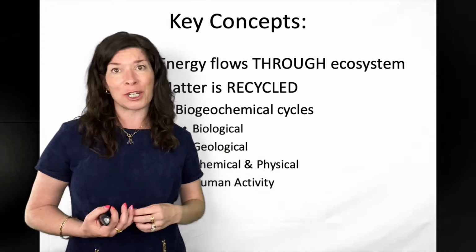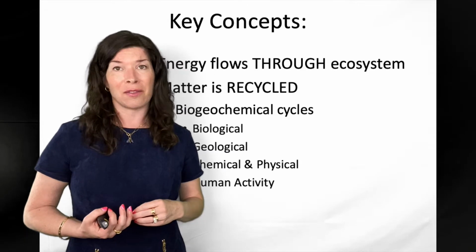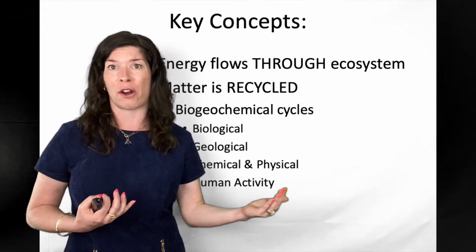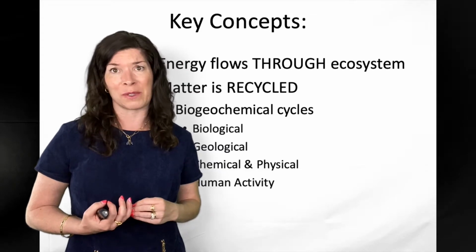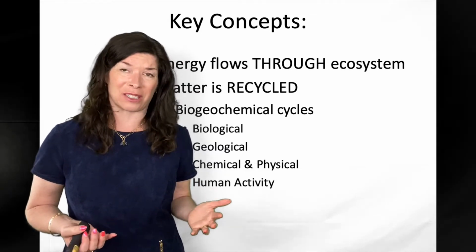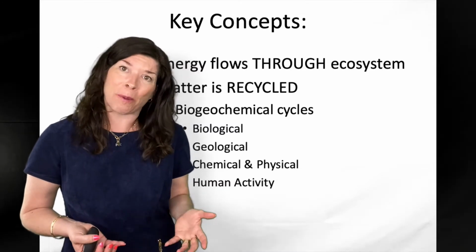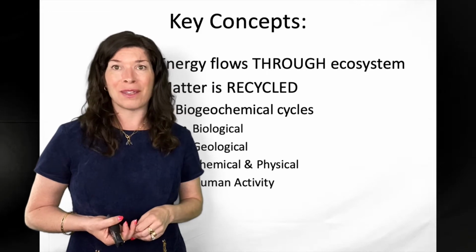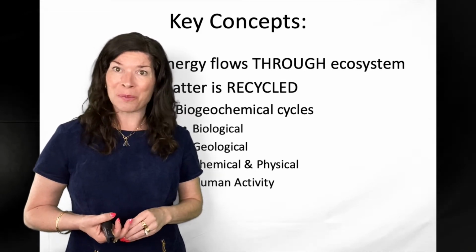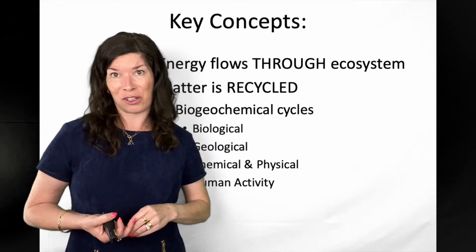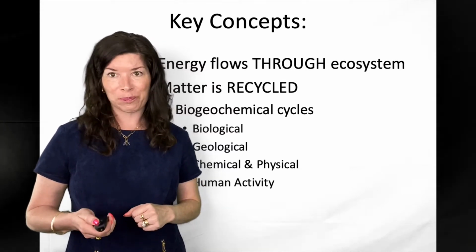We're going to be interested in chemical and physical processes, things like condensation and precipitation and the flow of water through ecosystems. And lastly, we can't ignore the role that human activity plays because human activity is disrupting some of these natural biogeochemical cycles. And the impacts may be very important in terms of what our environmental systems look like and how they function going into the future.